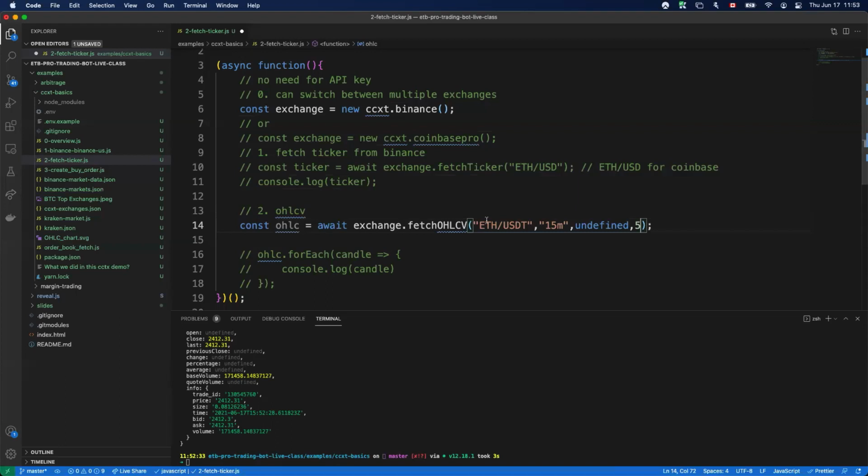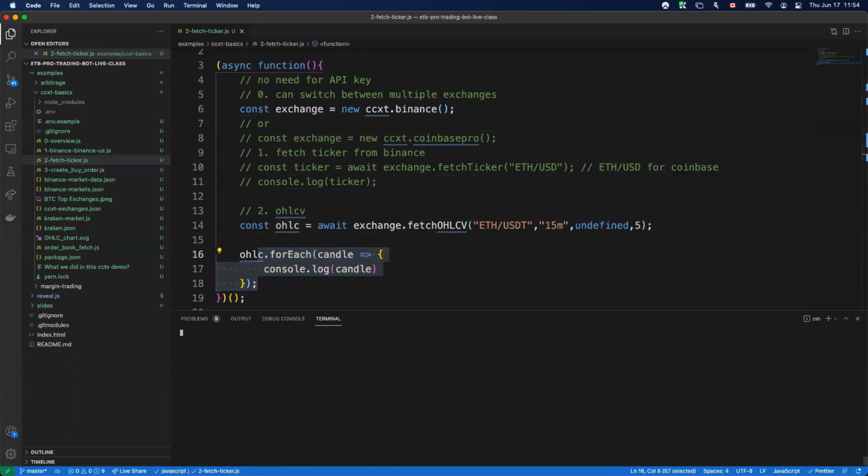So in this example, I want the candlestick data for every 15-minute interval, and I would like to get just 5 samples. I'll be looping through the data to print it on the console.